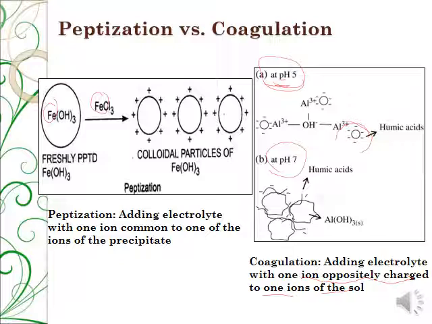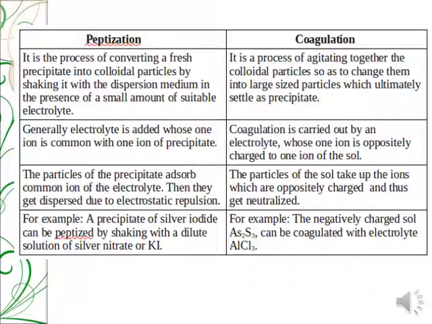So you see the precipitate coagulate to form a bigger precipitate due to the oppositely charged ion. So this is the summary showing the difference between peptization and also coagulation.